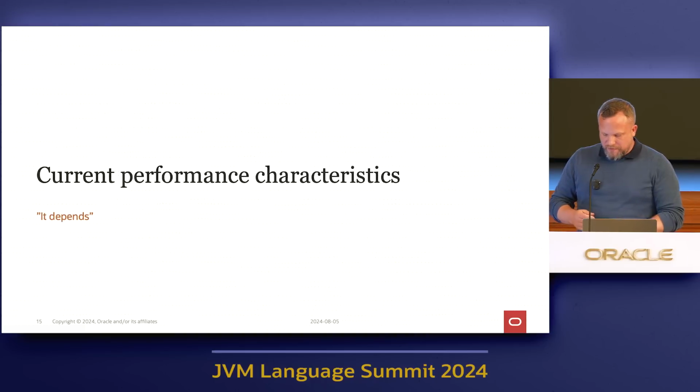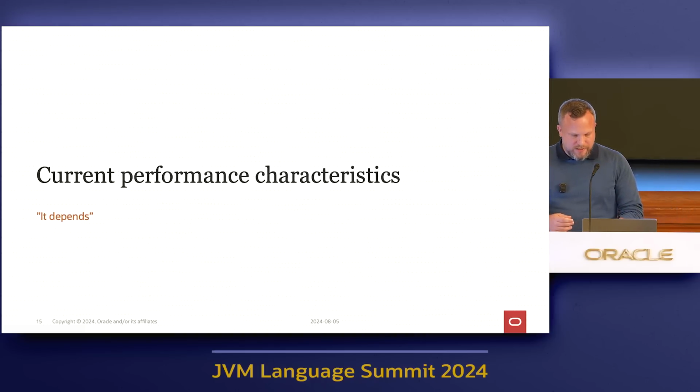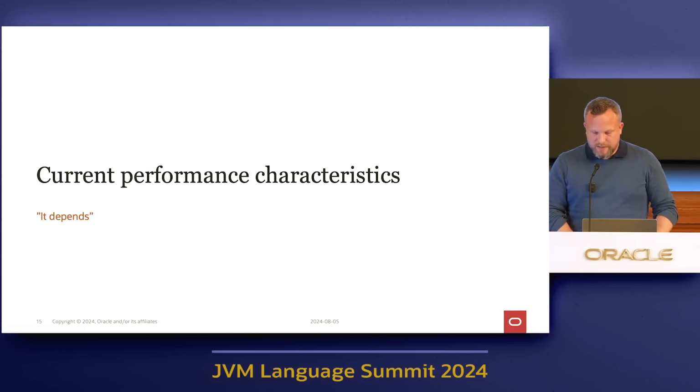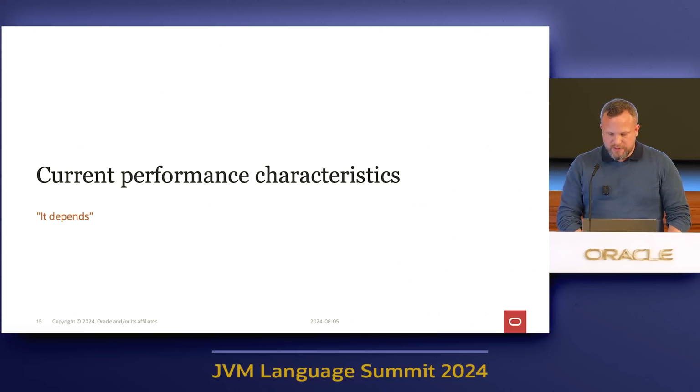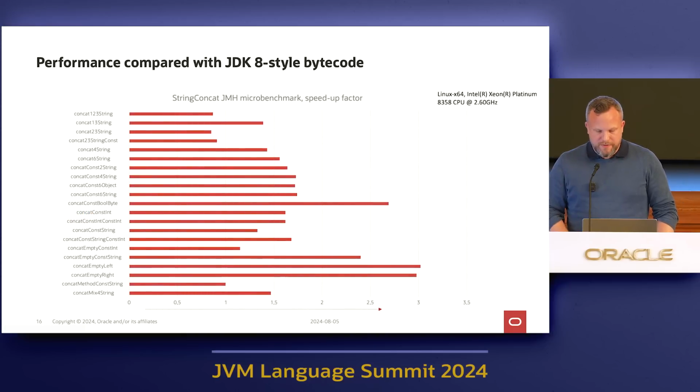But I wouldn't be here if it wasn't for performance. Let's look at the current performance characteristics of string concat since JEP 280 got in, and now after this high-arity fallback was reinstated.